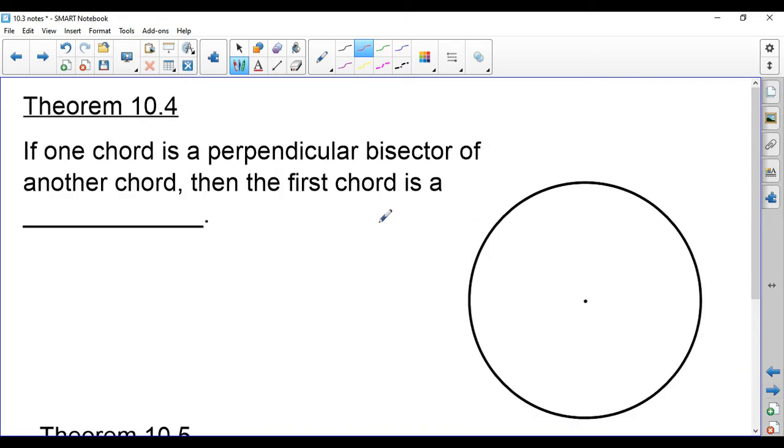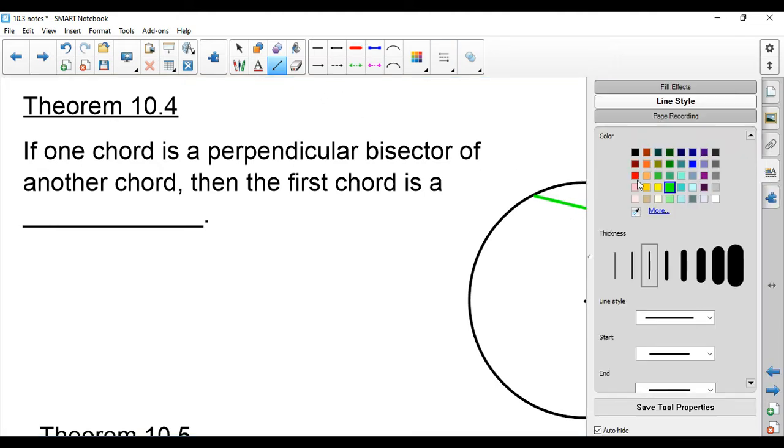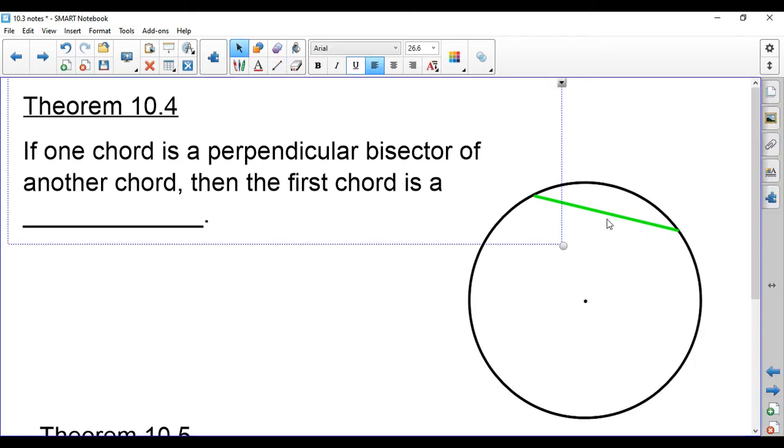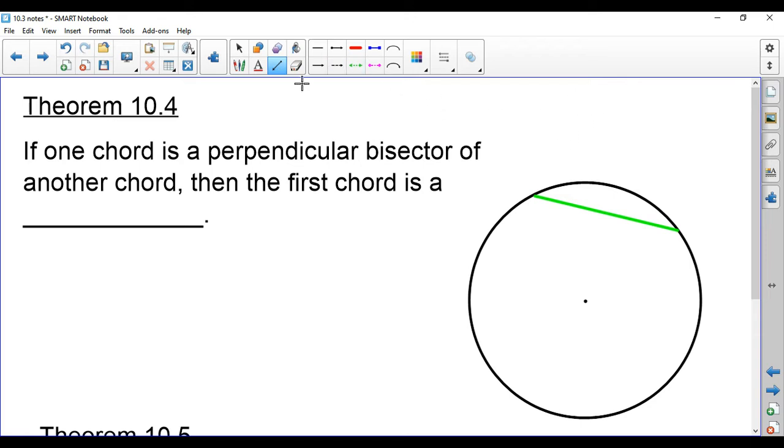Another theorem. If one chord is a perpendicular bisector of another chord, then the first chord is a diameter. So here's my chord, and I'm going to make another chord that is the perpendicular bisector of that chord. Perpendicular bisector, so it has to go through the midpoint and be perpendicular, and I'm going to draw that as best I can here.